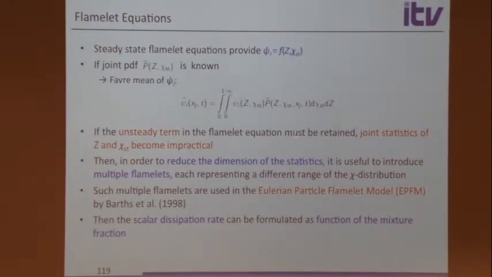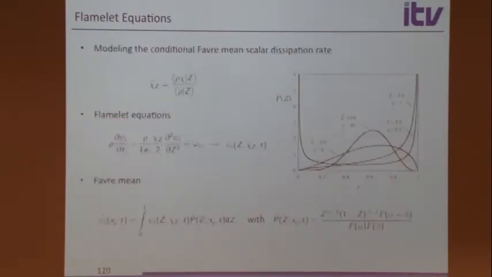You evaluate this term here, these means here again, for different mean and variance of mixture fraction. And now you see you have three parameters: the mean mixture fraction, the variance of the mixture fraction, and the stoichiometric dissipation rate. And so you get a table now in 3 dimensions. But still, these tables are in 3 dimensions. They're not too large to be used with good resolution in each direction.